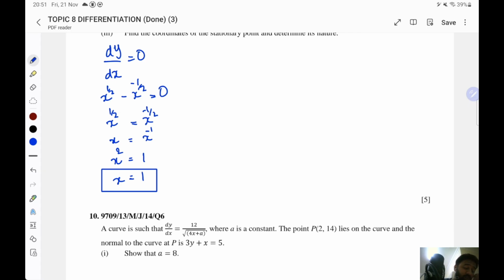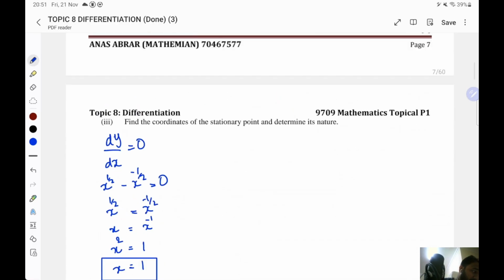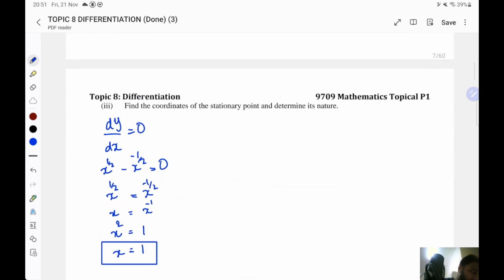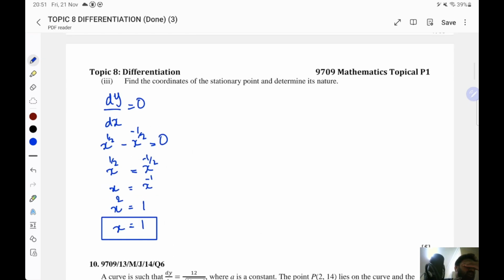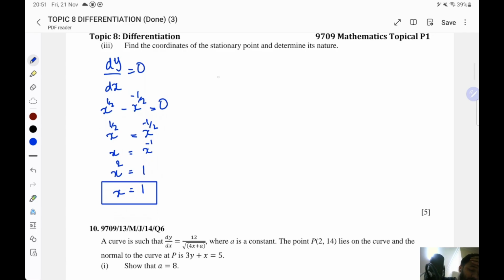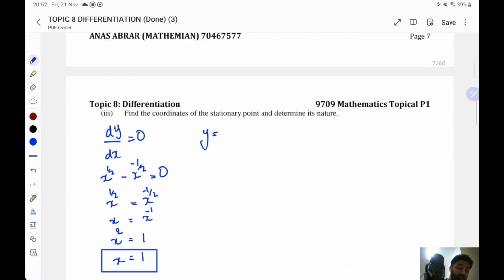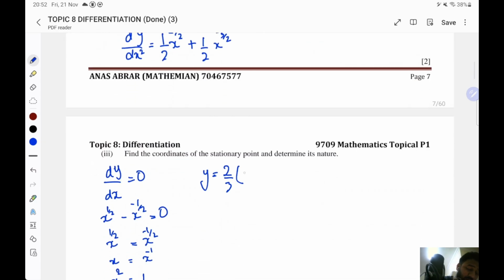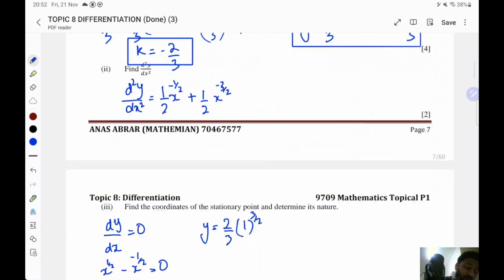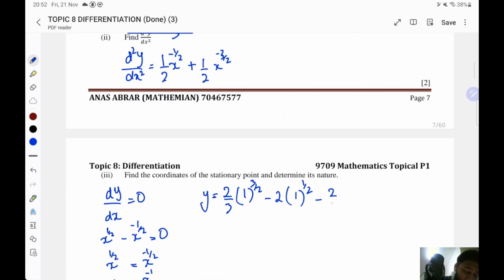So this is find the coordinates of the stationary points. So this is one value of stationary point, which is x equals to 1. So I have to check coordinates. To find out the coordinates, I have to substitute x equals to 1 in the function, which we just found out: 2 divided by 3 bracket 1 power 3 by 2 minus 2 bracket 1 power 1 by 2 minus 2 by 3.